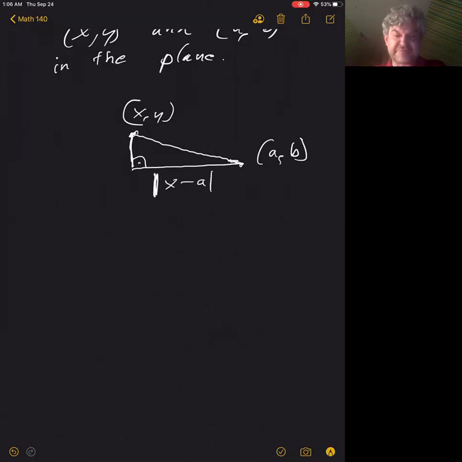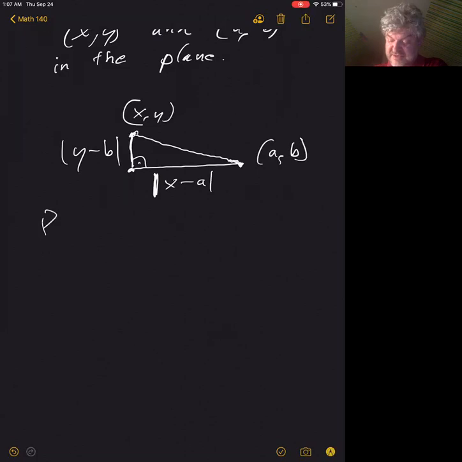With that absolute value, I can cover all possible cases, whether a is to the left or to the right of x. Just take the absolute value of the difference, and you got that length. Now for the vertical leg, it's the absolute value of y minus b.